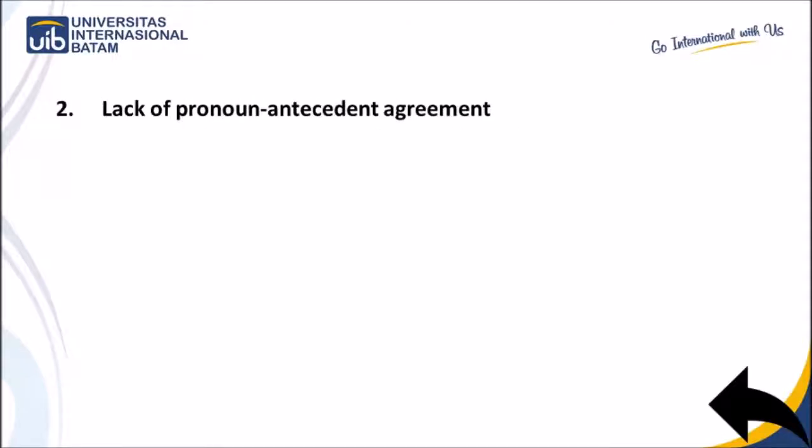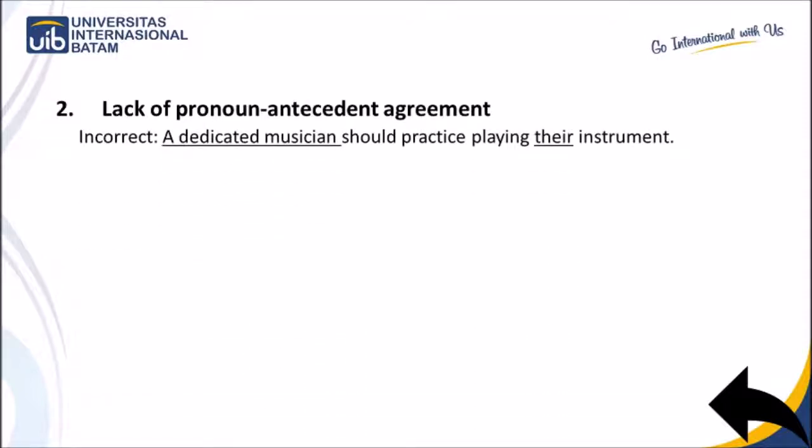And then lack of pronoun antecedent agreement. For example, "A dedicated musician should practice playing their instrument." The pronoun their refers to dedicated musician. However, there is only one dedicated musician in the sentence. Therefore, pronoun their is not suitable in the sentence.